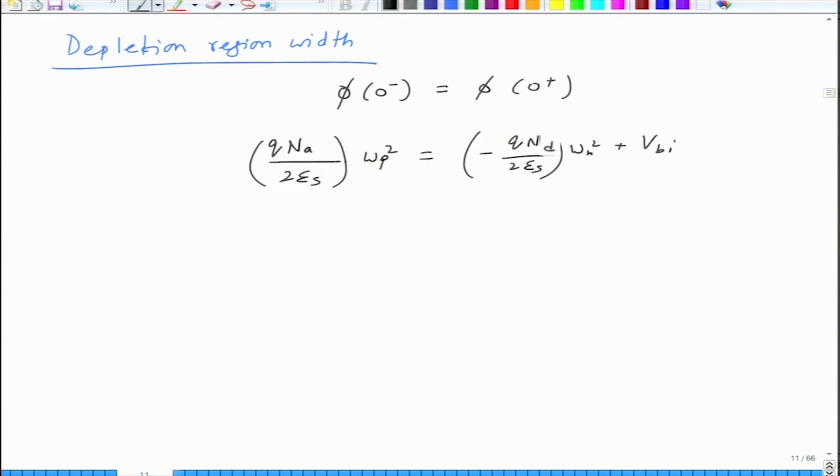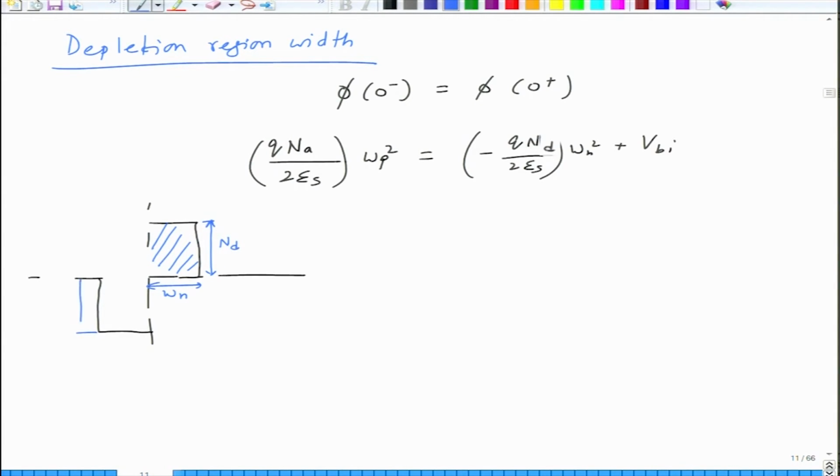So you get this equality, and we said that charge density distribution is like this. This is the interface, and on one side of the depletion region you have acceptor ions, on the other side you have donor ions, right. So this is up to a width Wn, and this is Nd, right.